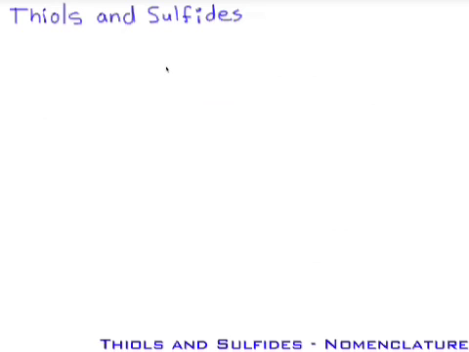Now the analog to the alcohol is named as an alkane thiol, and you're responsible for this nomenclature. The common name was mercaptan.